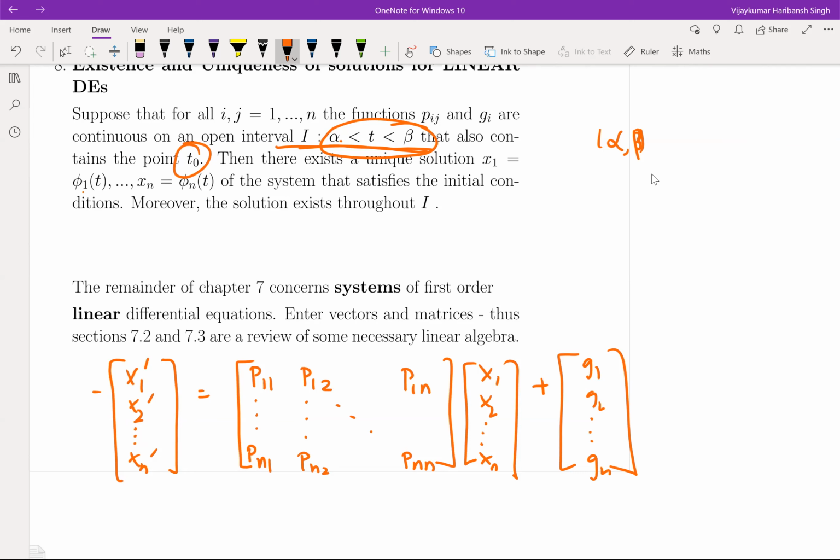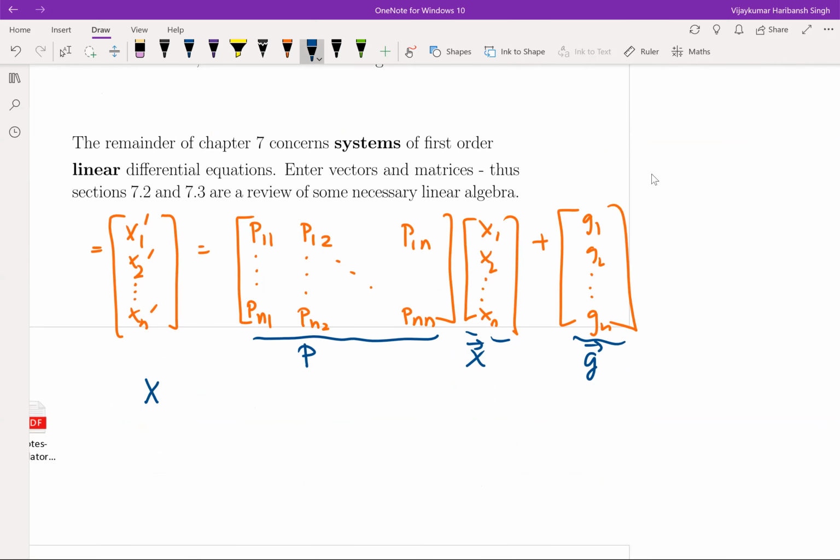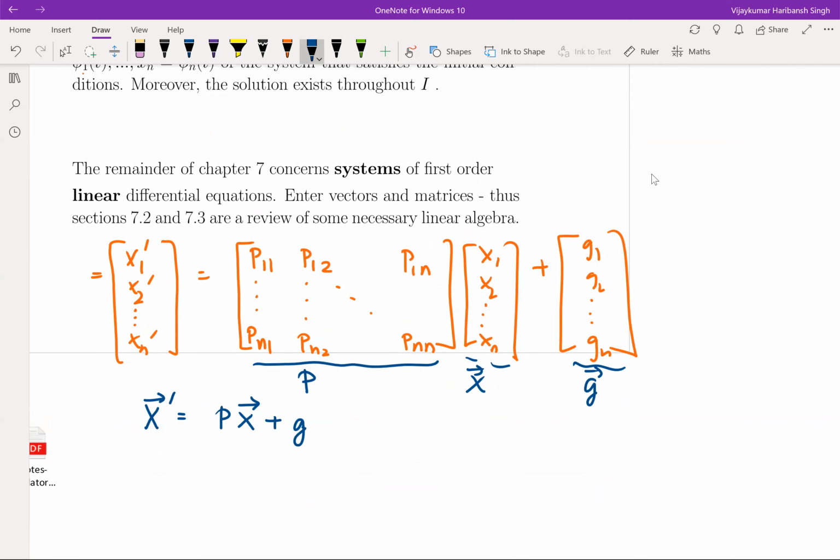If you choose to call this matrix P, this a vector X, and this a vector G, and let's put an arrow to indicate that they are vectors, you will get X prime equals P X plus G. So now you see a system of first order linear differential equations has a deeper connection with matrices.